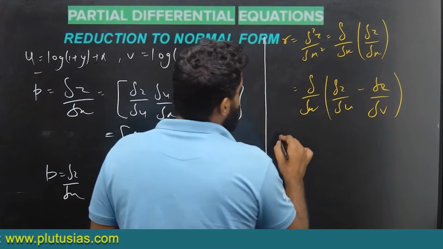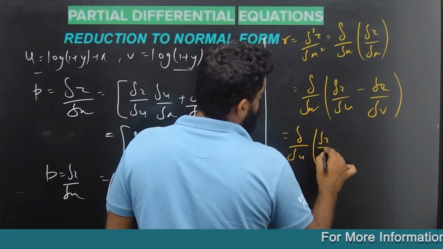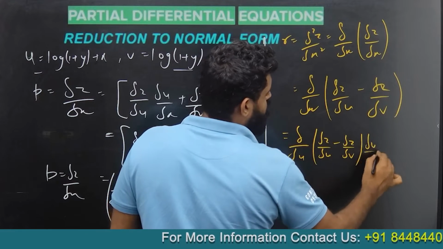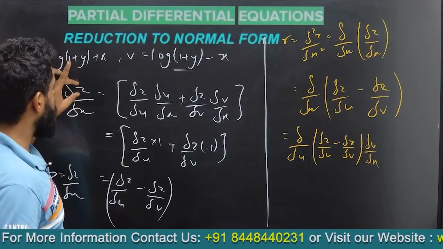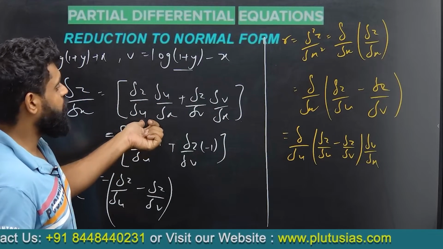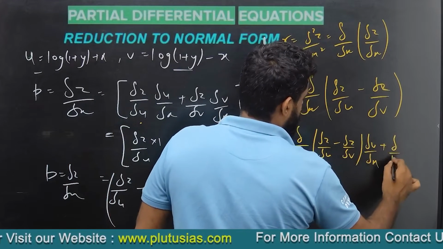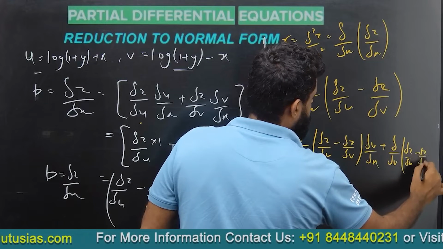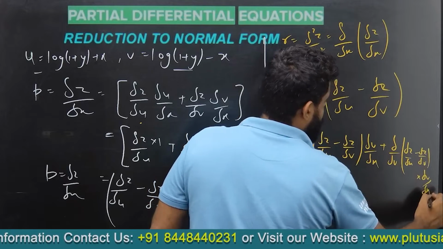Again, going by the same principle, this would be equal to delta upon delta u into delta u upon delta x. Same thing. This time the whole function you have taken as z, and first we differentiate with respect to u and then with v, plus into delta v upon delta x.